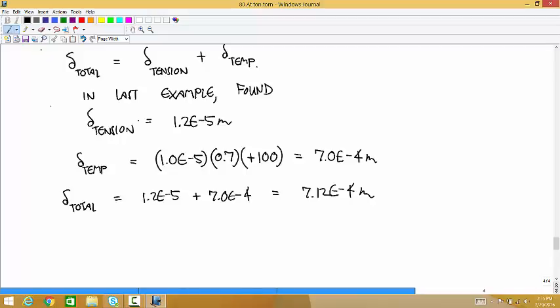So let's see how this works in a simple statically indeterminate system.